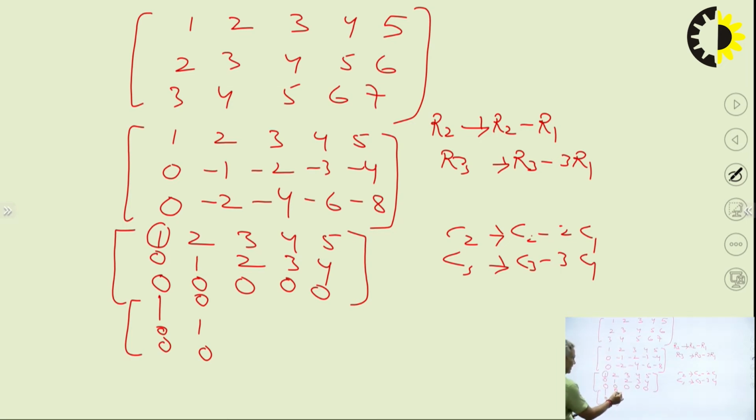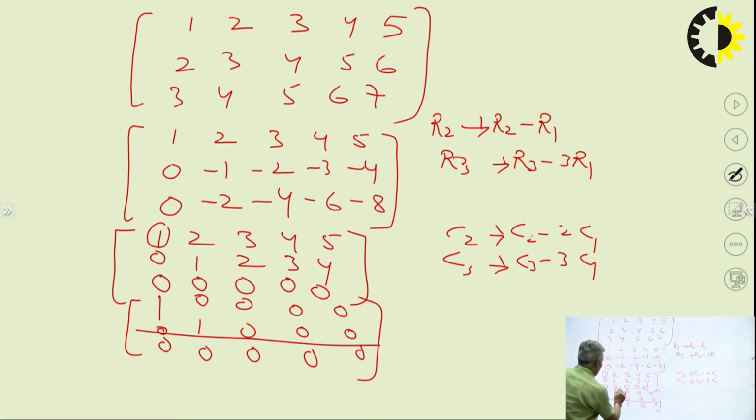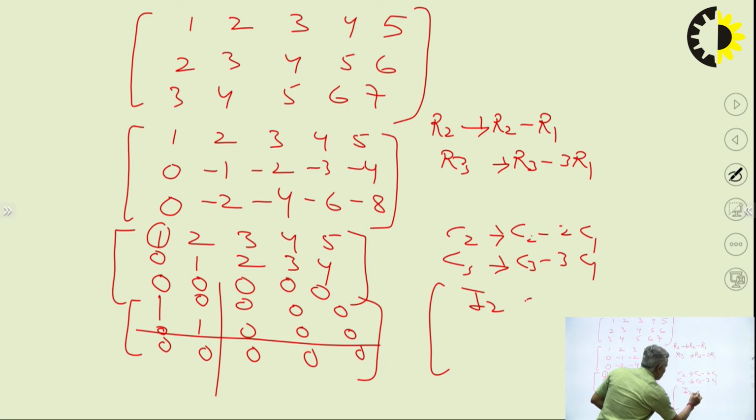So what will be the result here? 0 0 and 0, right? And all column operations give 0 here, 0 0 0 0 0 0. That means the partition of this will be 0, and this is the form of I2, 0, 0 and 0. So this is the normal form, and the rank of this matrix will be 2 here.